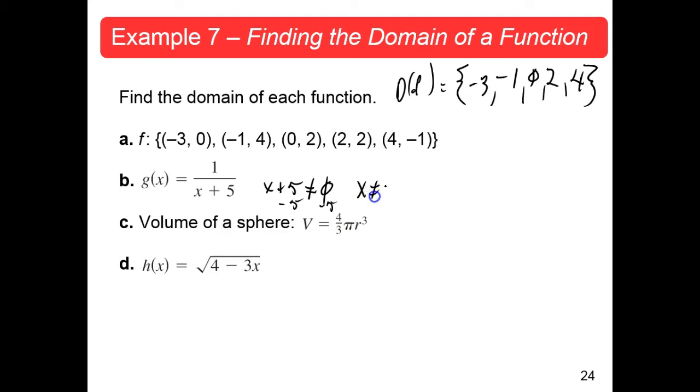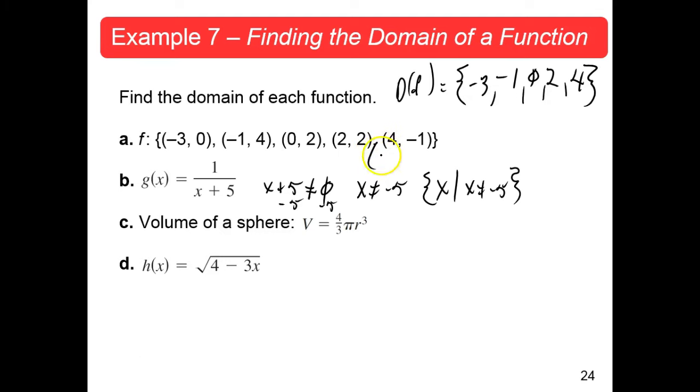X cannot equal -5. So that to me says it all. I'm fine with that. Back of the book probably won't have that as an answer. It might, but it could have something that looks like this: the set of all x such that x is a real number and x cannot equal -5. That means every other x in the world except that one. Or in interval notation, how would you say that? Where would you begin?